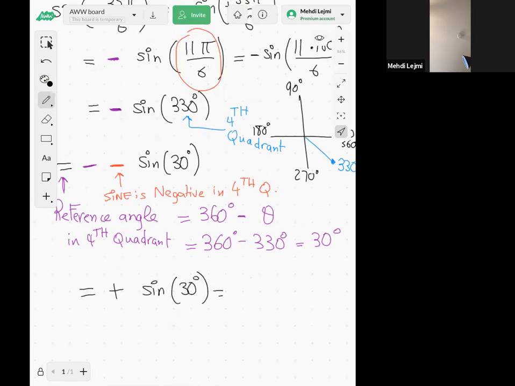We use the table of special angles between 0 and 90 degrees. Sine of 30 is just a half, so it's plus half, and that will be the final answer.